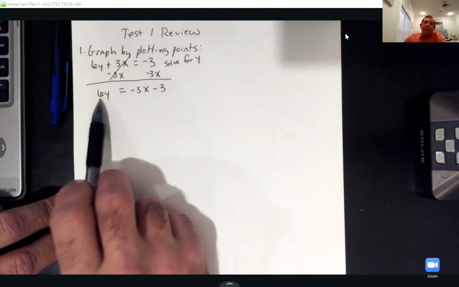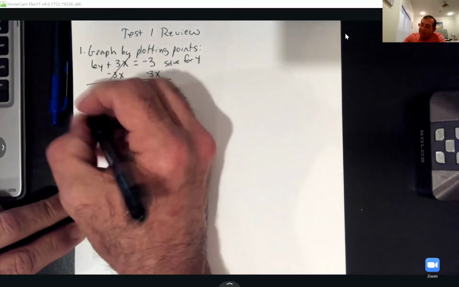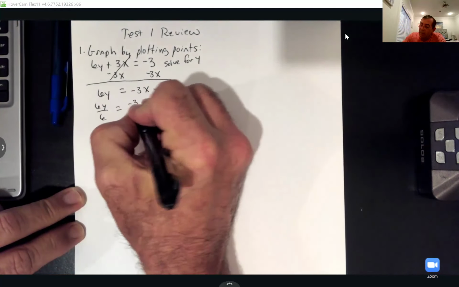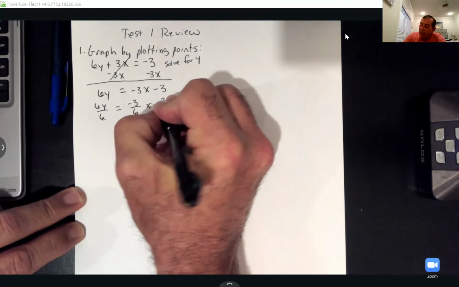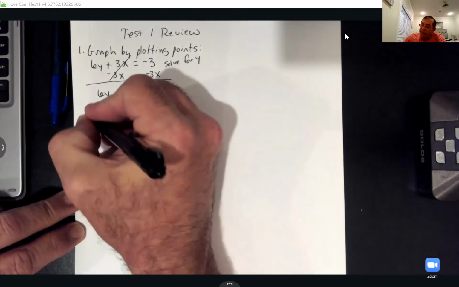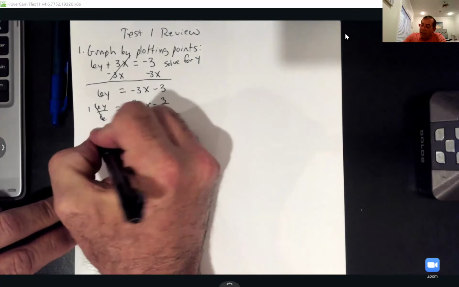And then the last step, make that a 1y by dividing everybody by 6. Also the 6 divided by 6 gives me a 1y like I wanted right here.